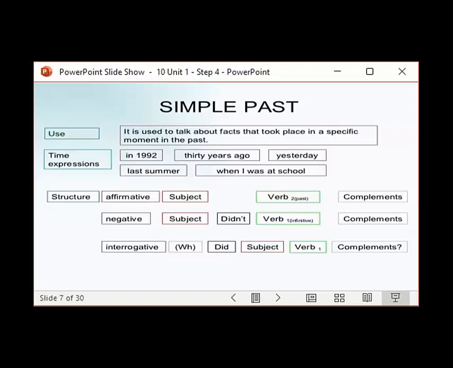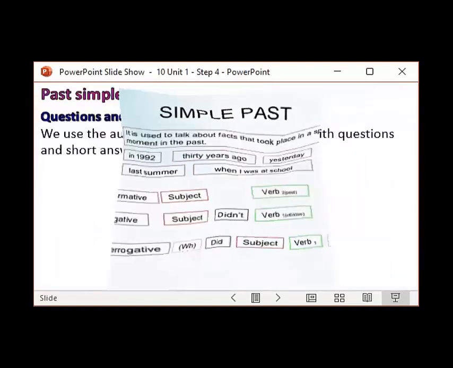Especially, we speak about the word ago. Yesterday, last year, last month, last summer, and so on. We already spoke about affirmative and negative.